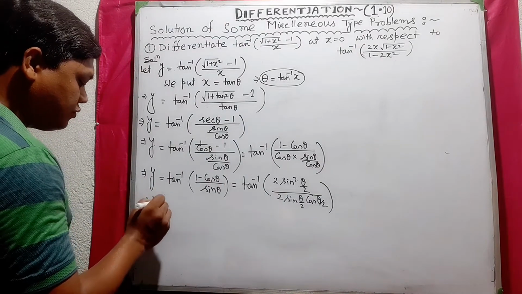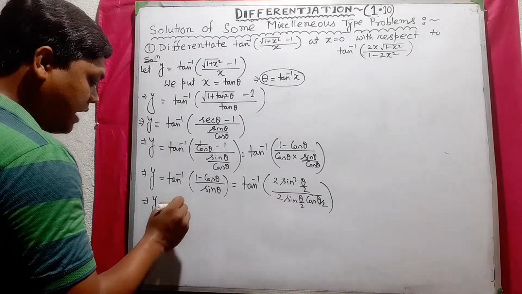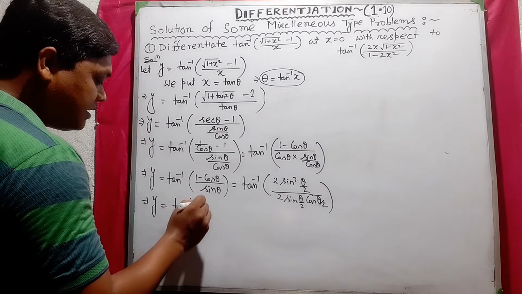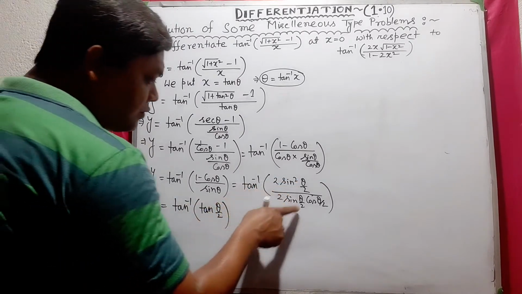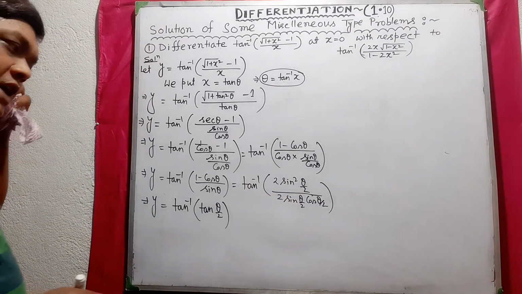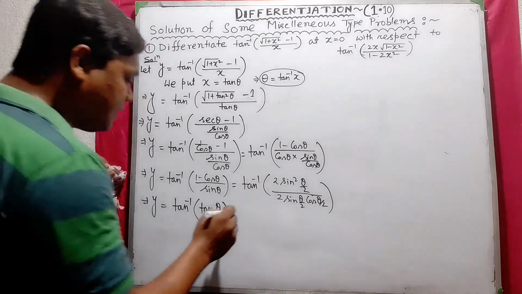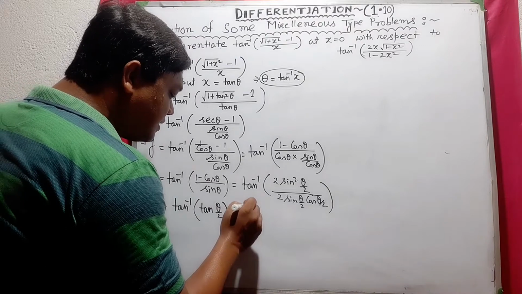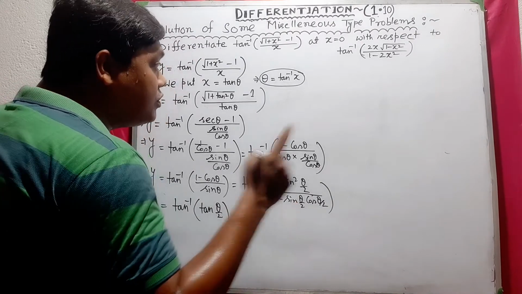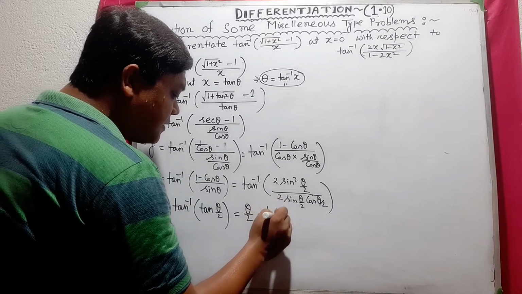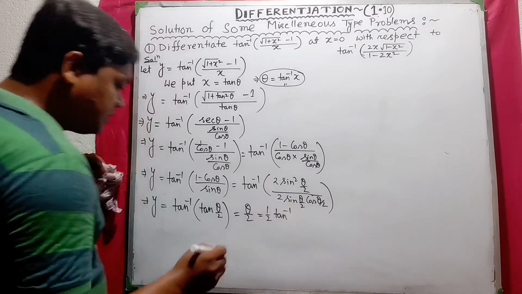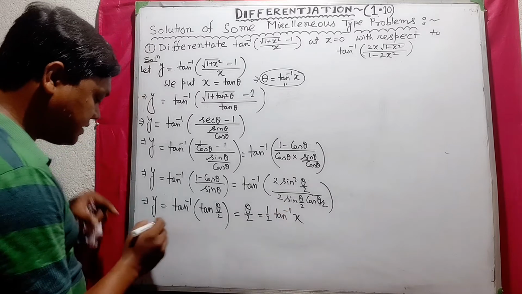So y equals to tan inverse tan theta by 2. Clearly you see that 2 sin cancelled, so sin theta by 2 by cos theta by 2 is tan theta by 2, that gives theta by 2. And we know theta equals to tan inverse x, so that gives half tan inverse x.